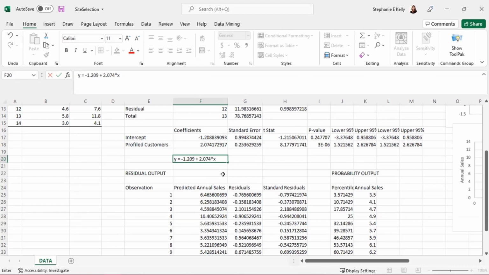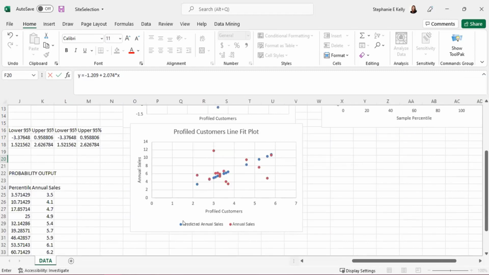So what this means is that according to our simple linear regression, for any customer profile value that we put in here, multiply by 2.074, and add a negative 1.209, we should get a rough estimate of the annual sales of the store. This equation right here is where these blue dots came from.